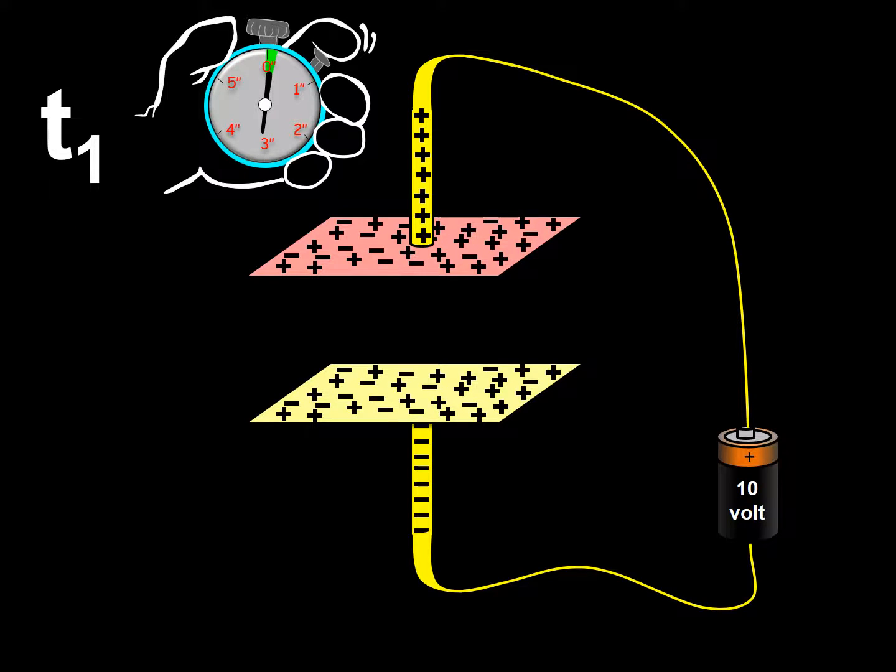Now the capacitor is connected to the power source. Electrons start flowing from the anode of the battery to the lower plate of the capacitor. As the electrons start to accumulate in the lower plate, they trigger changes in the upper plate.